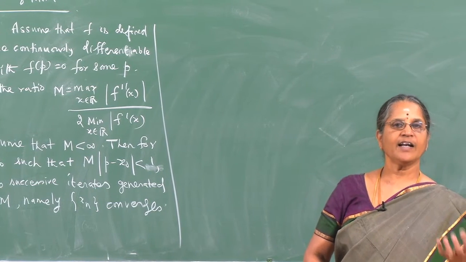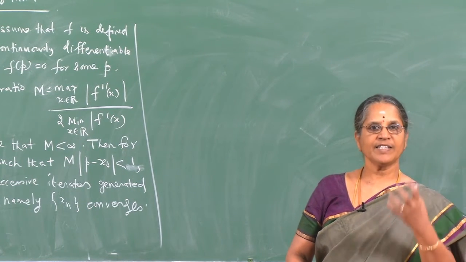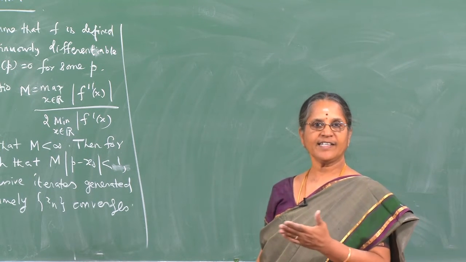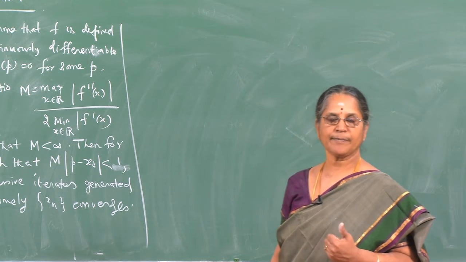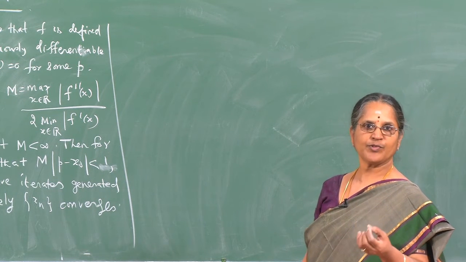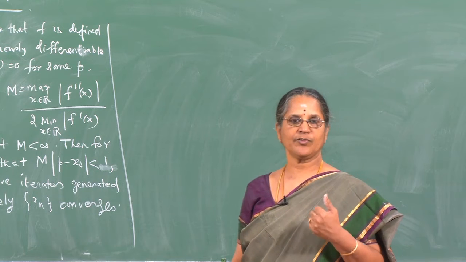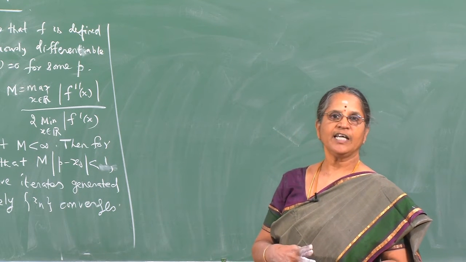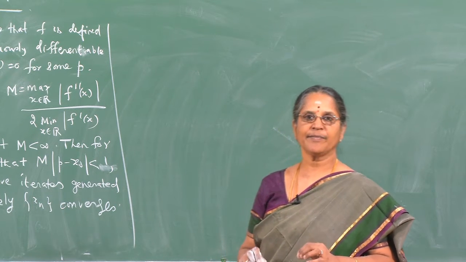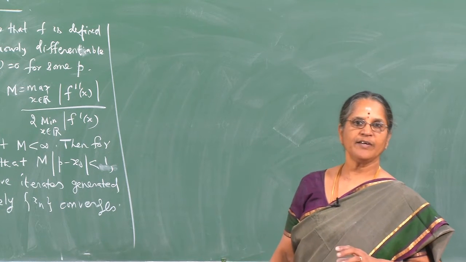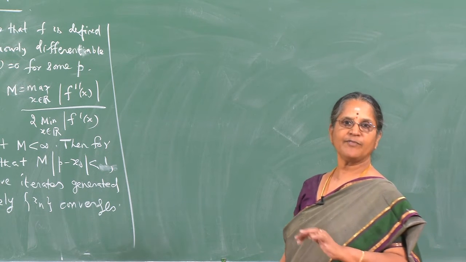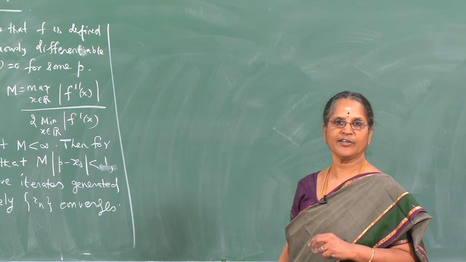We said that there are functions where, starting with some initial values, we are unable to get successive iterates which converge to a root of the equation, and therefore, there must be some conditions on the starting values, so that given a function f of x is equal to 0, and when we want to apply Newton-Raphson method, if we ensure that our starting value, namely initial approximation, satisfies this condition, then by the theorem that we are going to prove, we can be sure of the fact that the successive iterates that we generate using Newton-Raphson method will converge to a root of the equation correct to the desired degree of accuracy.